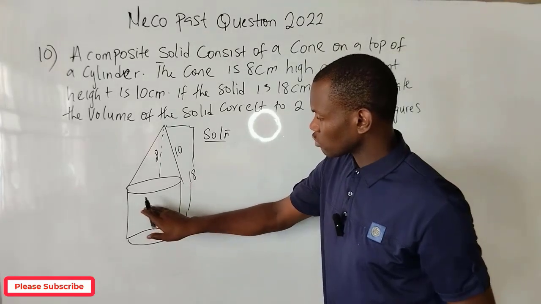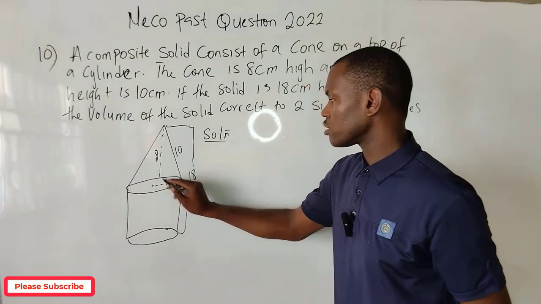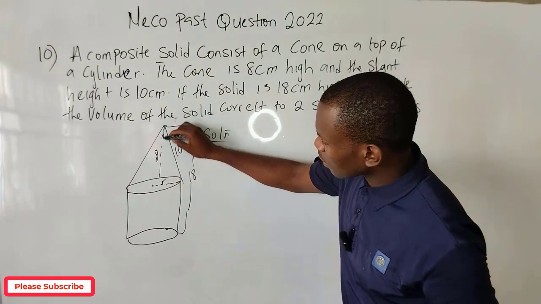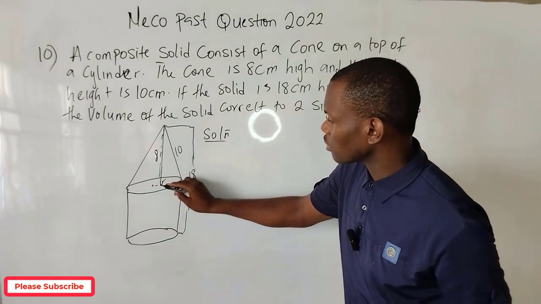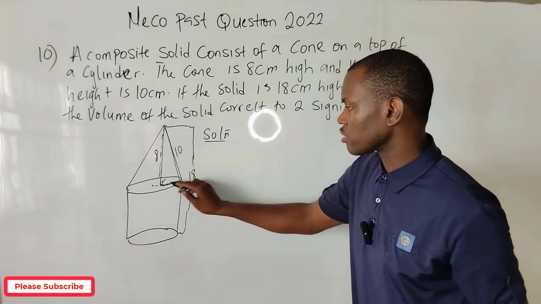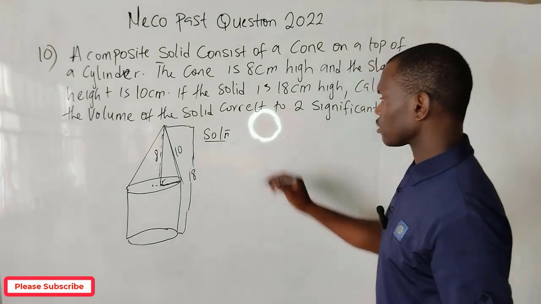But to find the volume, we need the radius R. To find R, we can use this right angle here to find this side, which is the radius. So let's find the radius.